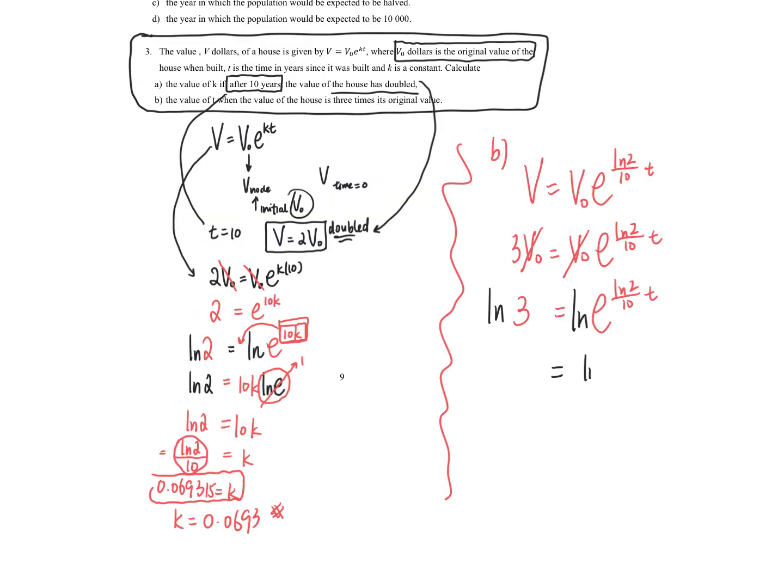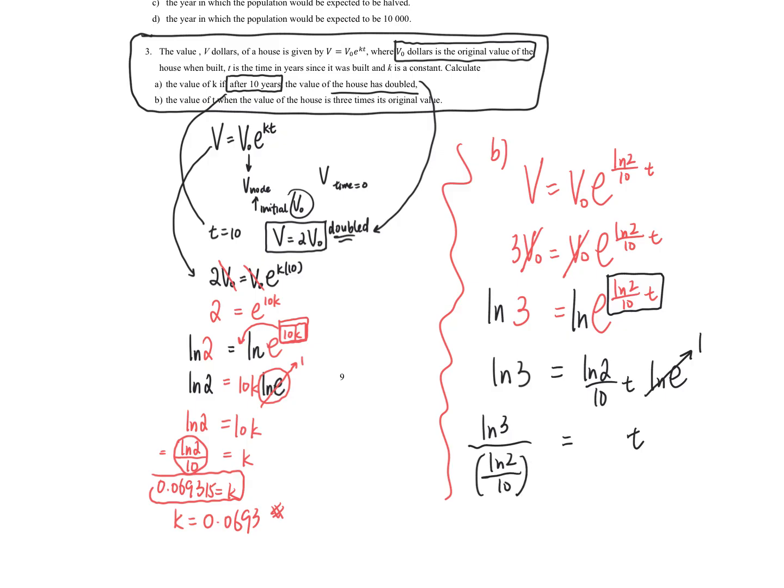When you ln both sides, you can take the power down as a constant. So this thing is just 1, not affecting anything. To solve for T, you just ln 3 divided by this whole thing. Because T is in years, 3SF is good enough. No need to be a whole number.